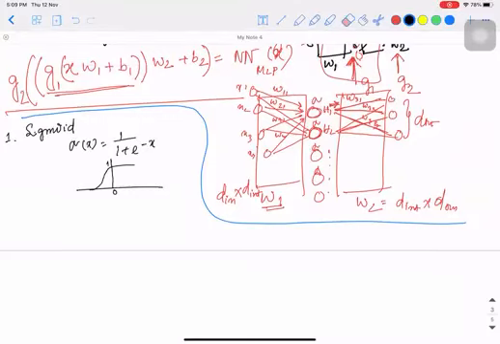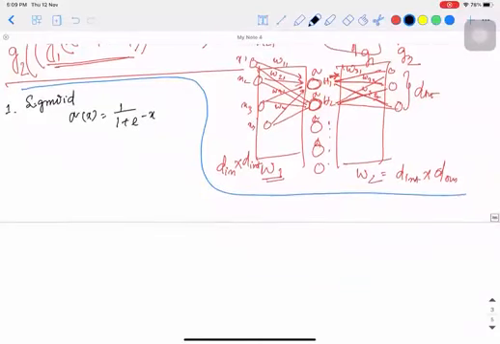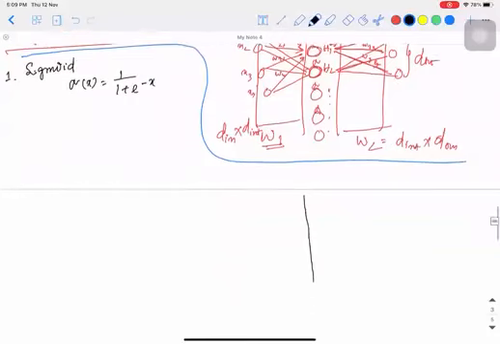Let me draw it on the same scale so that it can also be compared. It squeezes between 0 and 1.